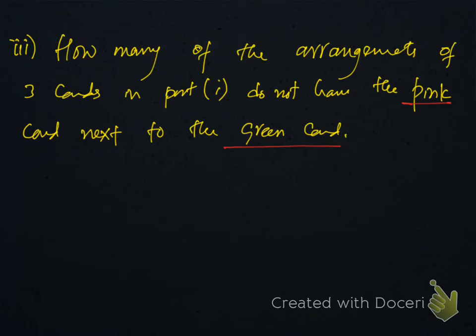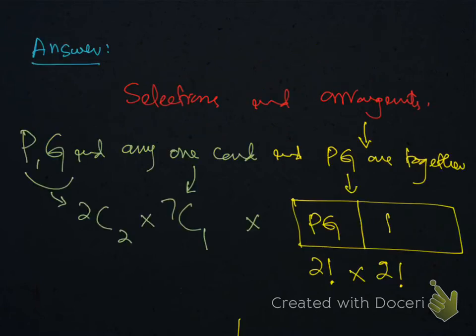First we have to select the pink card and the green card, and then we have to arrange them together first, and then we will have to find the number of arrangements in which pink and green are not together. So this is one of the most important applications to understand that formula NPR is equal to NCR into R factorial. NCR means selections, R factorial means arrangements, and in this question we have restrictions in both parts, in selections and in arrangements.